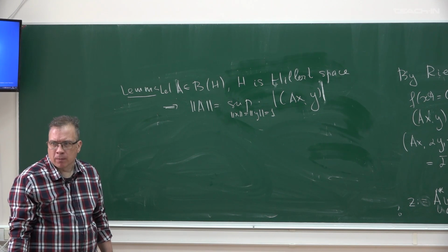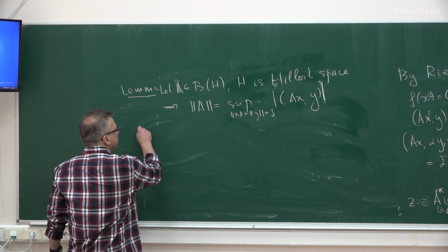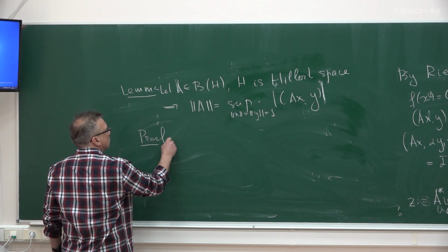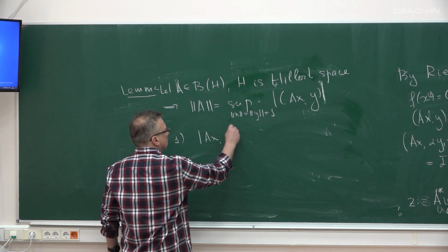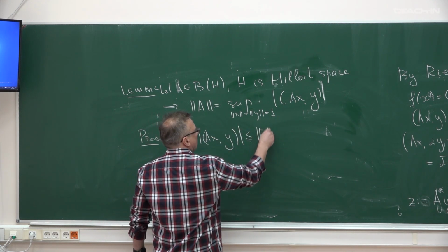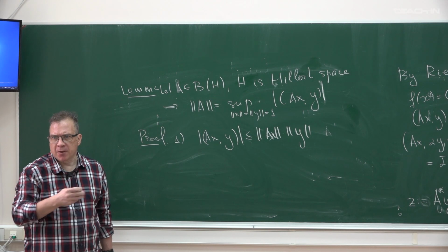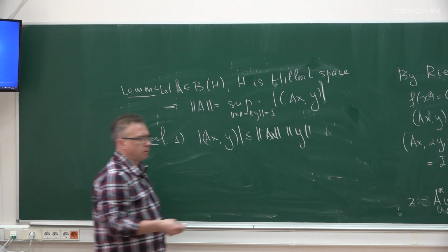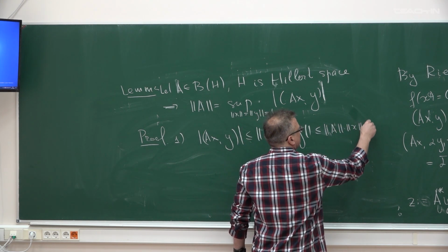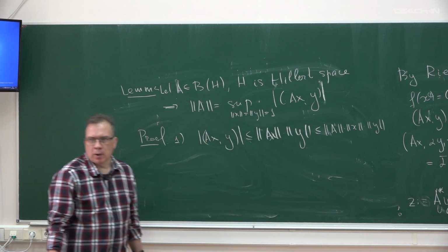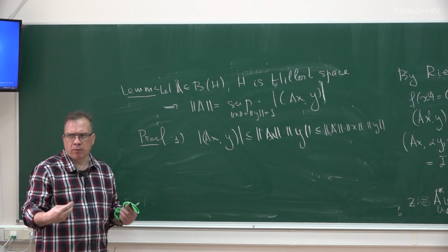Not quadratic form, but semi-square form. Proof. First, the Cauchy-Bunyakovsky inequality, and then the multiplicative inequality, and take the supremum over two spheres, the supremum over x and y with unit norm.